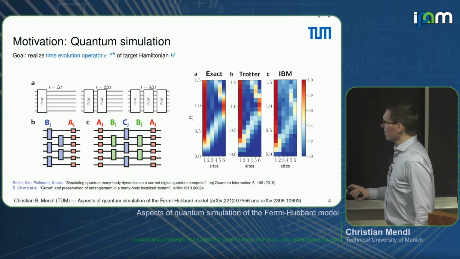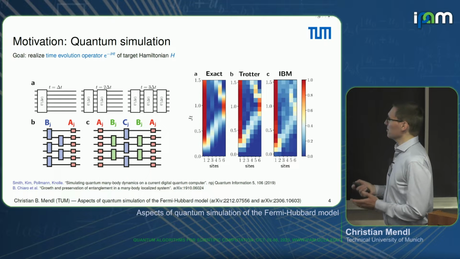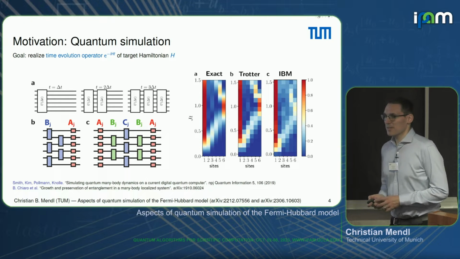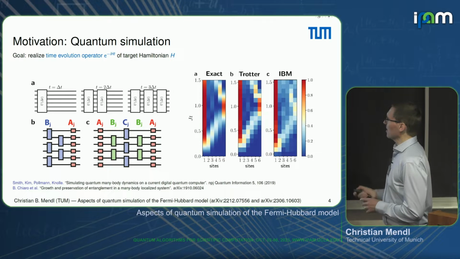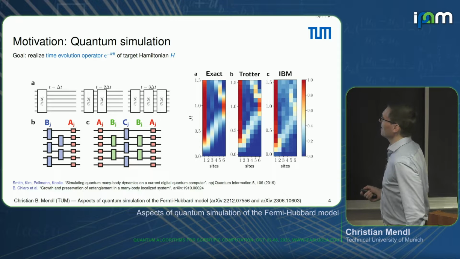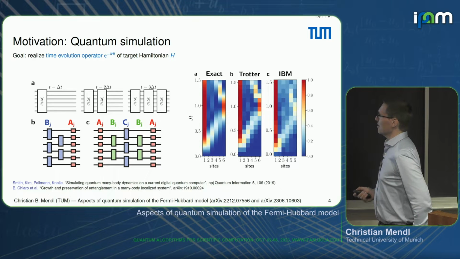Of course, this was just a toy model system, like 6 qubits, but it shows that at least qualitatively you can use Trotter splitting and really put this onto a physical quantum computer. It's still quite noisy, but you get at least qualitatively correct results.